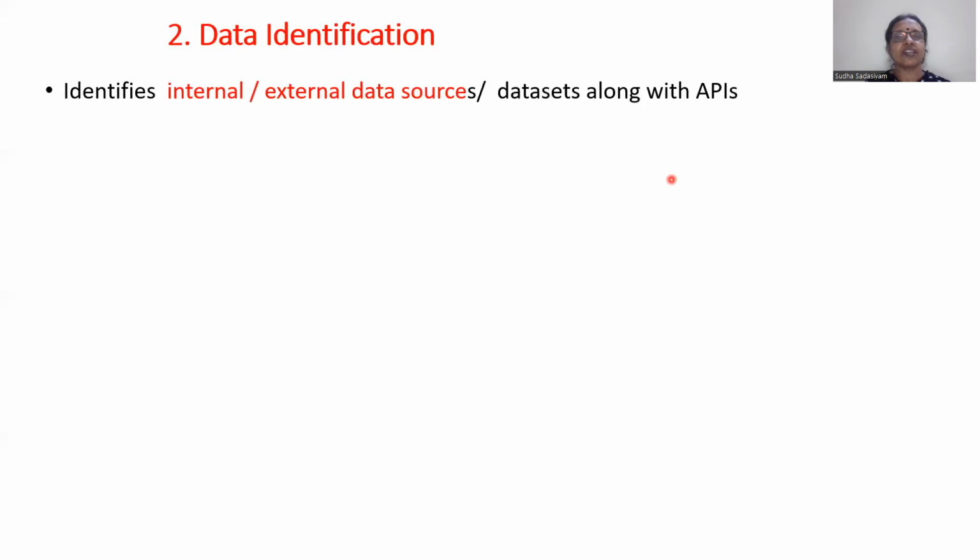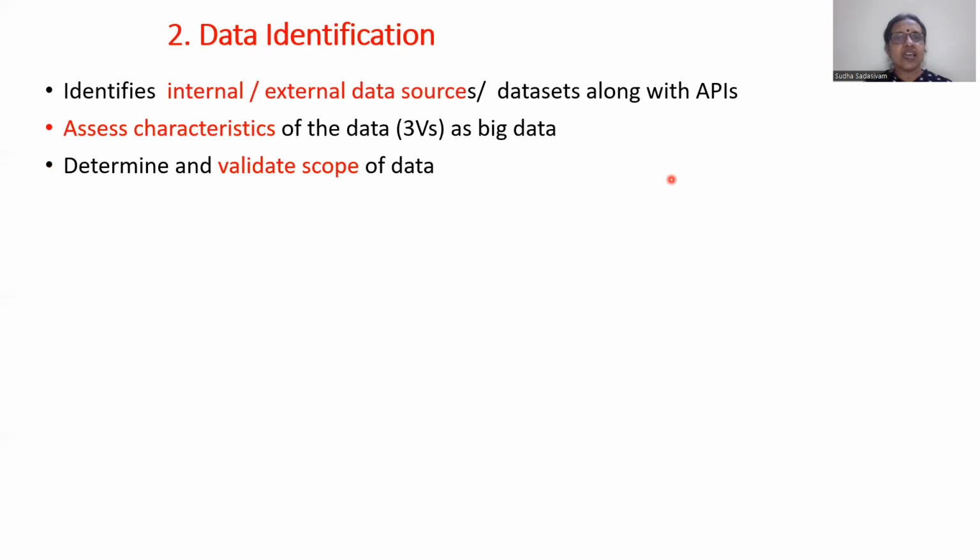The second to the sixth phases involve extraction of the data into a particular format so that the model can be built. The first of these is the data identification phase, which identifies the sources of data.